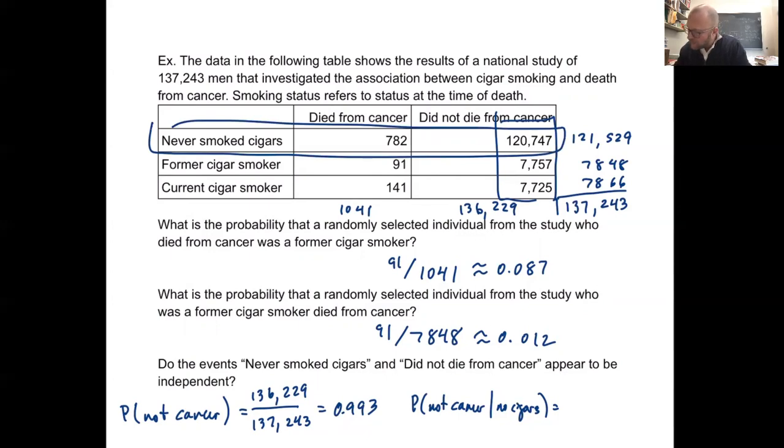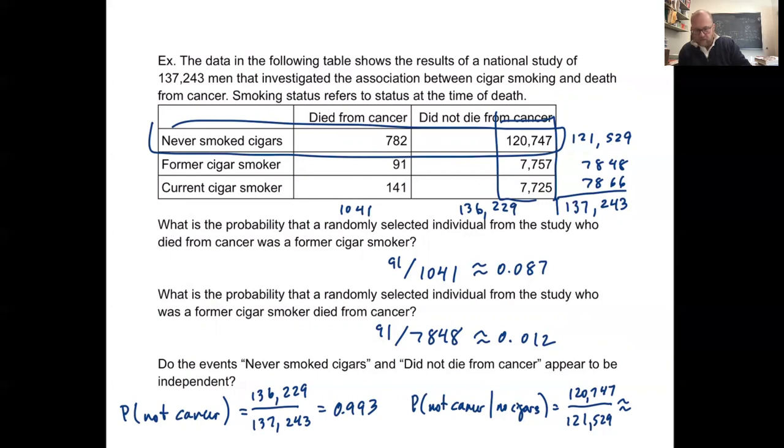So that means we're going to have the 120,747 out of, given they did not smoke cigars, that's the 121,529. Okay, so both of those numbers are super close to 1. So let's see what happens.